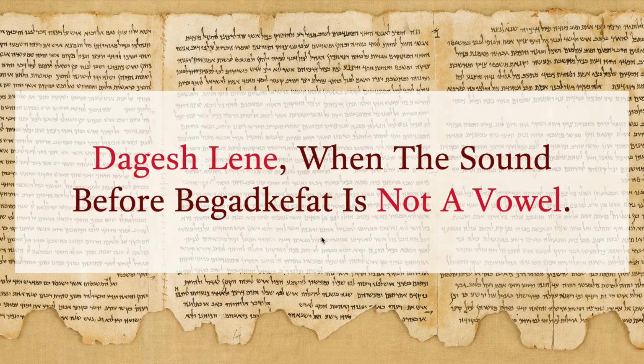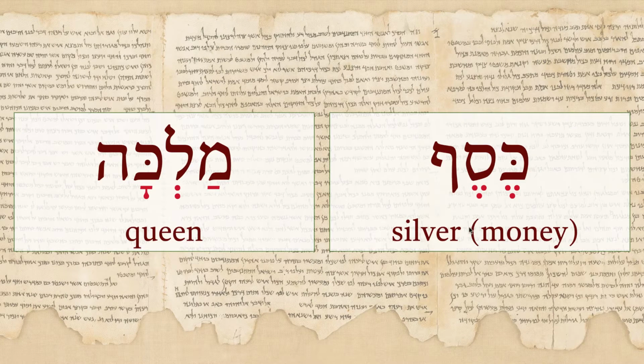But again, if the sound before the Begad Kefat letter is not a vowel, then obviously only Dagesh Lene, or a weak Dagesh, will be applied. For example, Kesef, silver or money, or Malka. We don't double this Kaf letter here or here. There is no doubling.